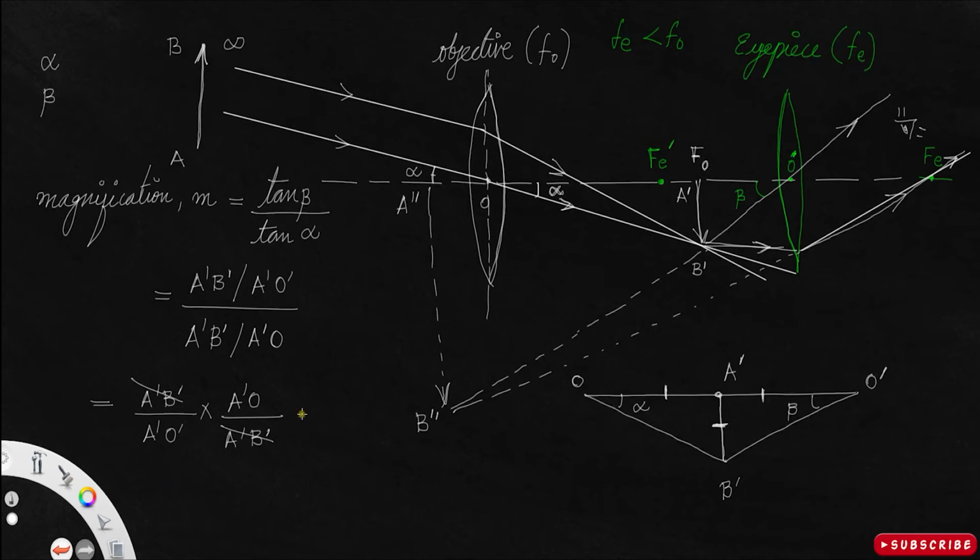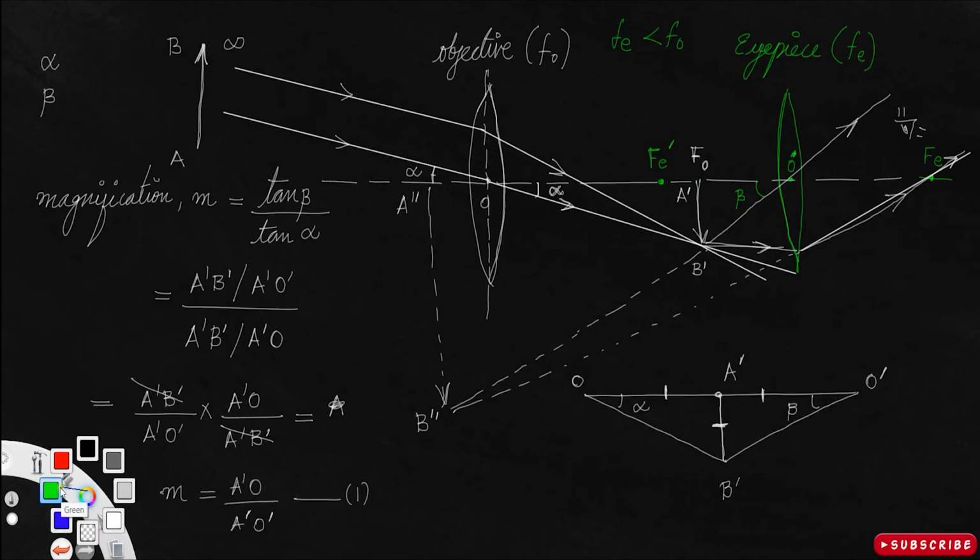So the final expression will be magnification M equal to A dash O divided by A dash O dash. Let me call that equation number 1.